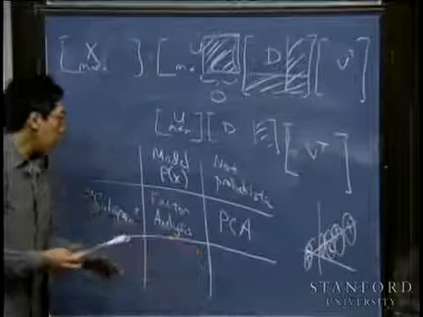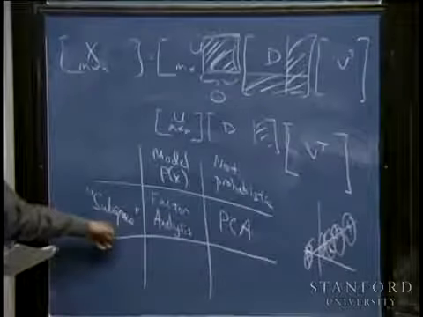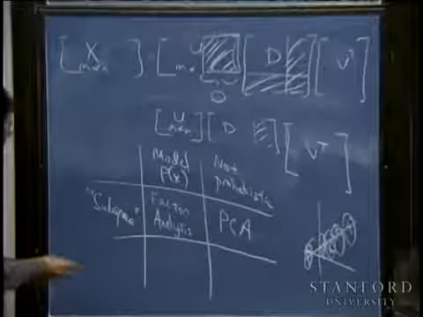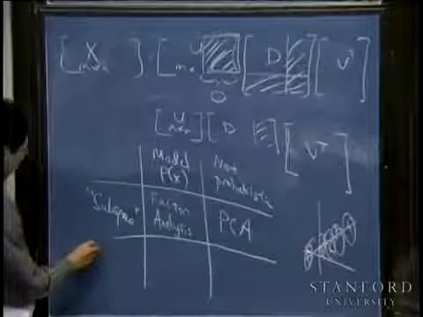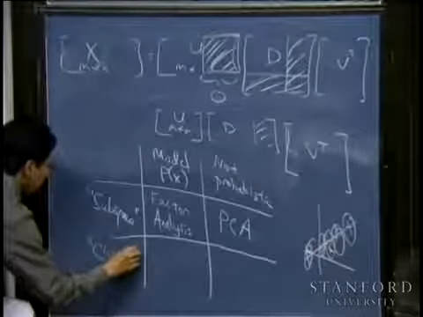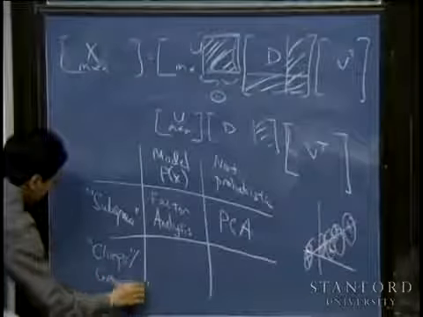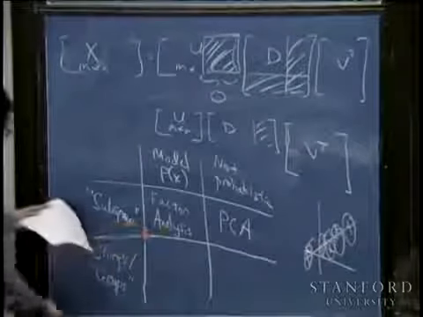Factor analysis and PCA were both algorithms that assume that your data lies on a subspace. The other class of algorithms we talked about assume the data lies in clumps, so that the data has a few coherent groups. And so let me just fill in the rest of this picture.